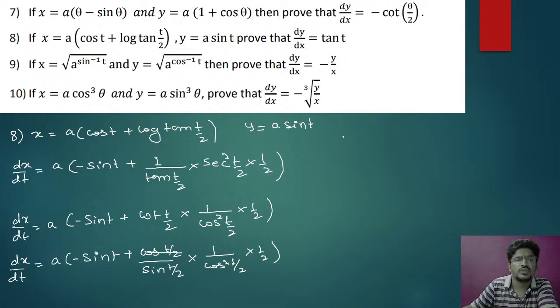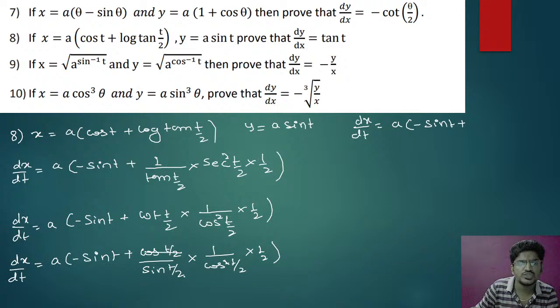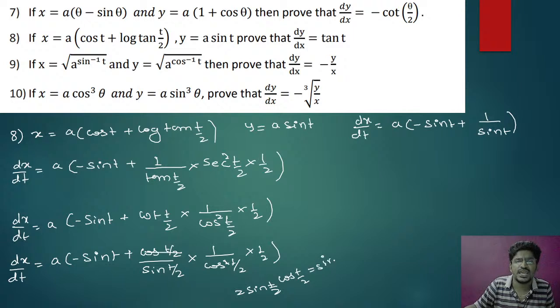Okay, see here, dx by dt will be equal to a into, see this is minus sin t plus, you can see here 1 by 2 sin t by 2 cos t by 2, that means it will be 1 by sin t, by using the formula 2 times sin t by 2 cos t by 2 is equal to sin t.